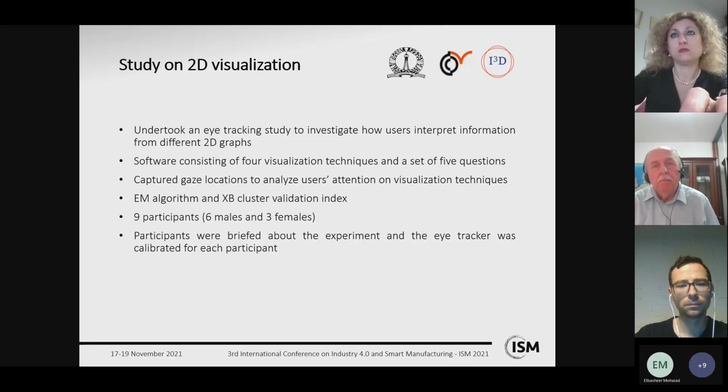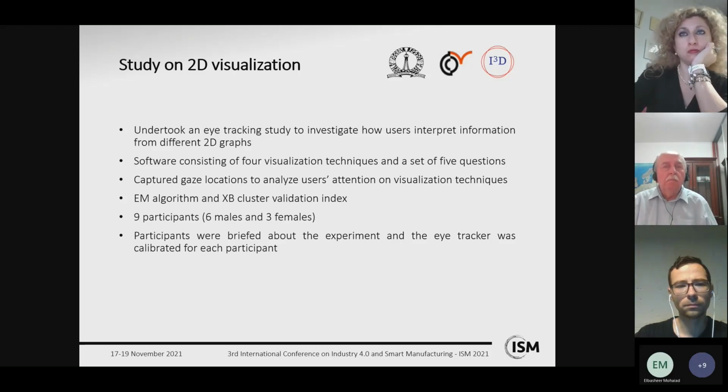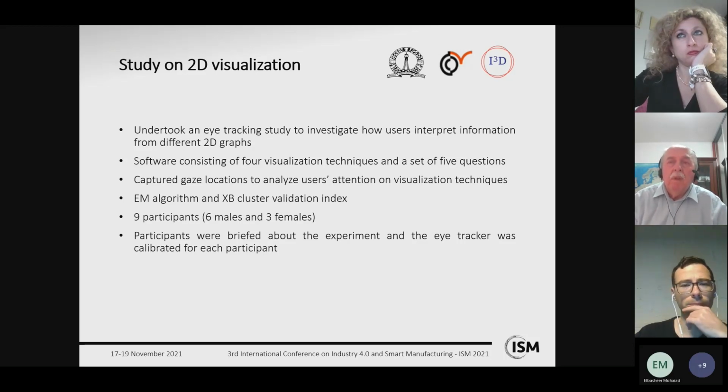We used this to analyze clusters because our hypothesis was that fewer clusters would signify less movement of the eye in that particular graph. So if a user is moving less in a particular graph, that means he is finding it easier to find the answer to the question.